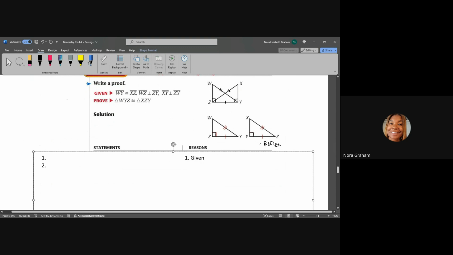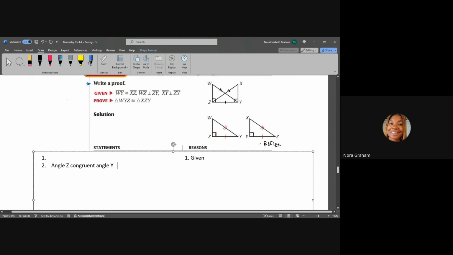Then let's use our properties to show that these are right angles. So I can say angle Z congruent to angle Y. Again, sorry, I don't have my math mode on, so I can't write the math symbols for them.